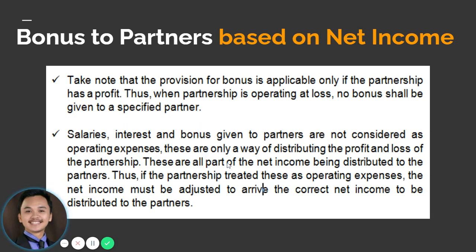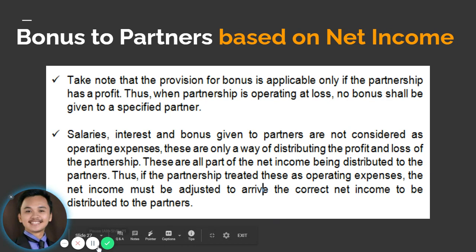Okay, so a very important note in this lecture is you need to familiarize yourself with the manner on how you are going to distribute the net income.